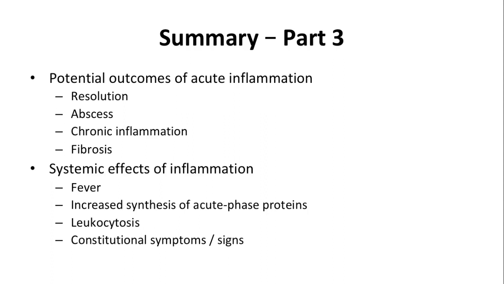And there are several factors which will influence these outcomes. We also discussed the systemic effects of inflammation, within which the main ones are fever, increased synthesis of acute phase proteins, leukocytosis, as well as various constitutional symptoms and signs. And we have also discussed their pathophysiology. So that wraps up our topic on acute inflammation.